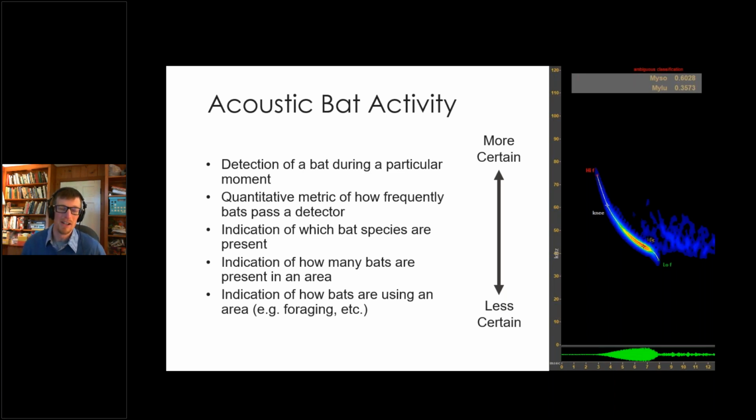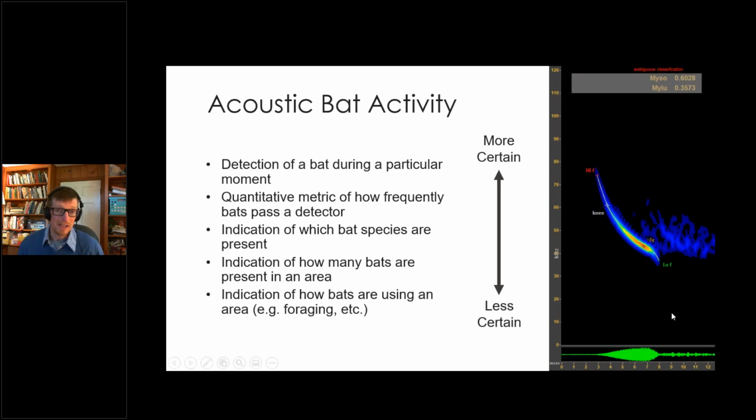The physics of sound mean that ultrasonic frequencies only go a relatively short distance, and they're quickly attenuated by moisture in the air and other factors, and they simply lose energy quickly. So a bat detector is really only able to monitor activity within maybe a 30-meter distance at the most. This, of course, varies with species and varies tremendously with conditions. So in the simplest terms, again, bat activity is a bat flying past a detector and being recorded.